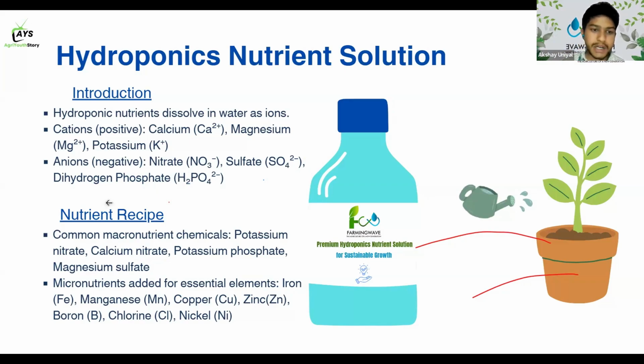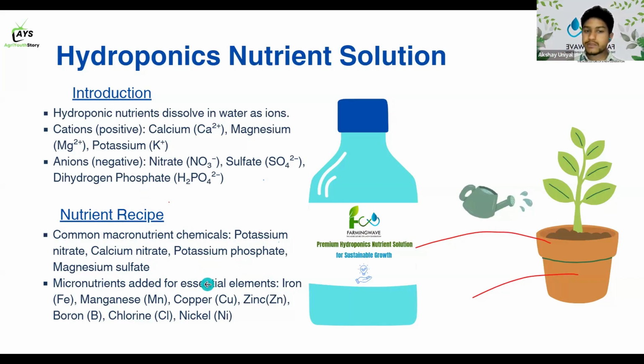The ratio of these nutrients, which nutrient has to be in what quantity, is called the nutrient recipe. A nutrient recipe can have chemicals like potassium nitrate and calcium nitrate. These can be directly mixed in predetermined ratios to make the nutrient recipe for plants.